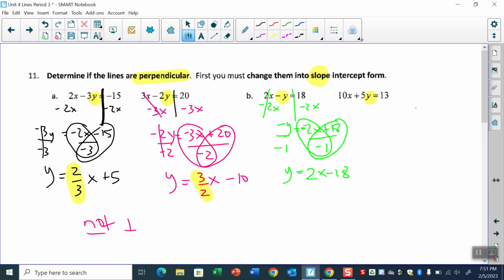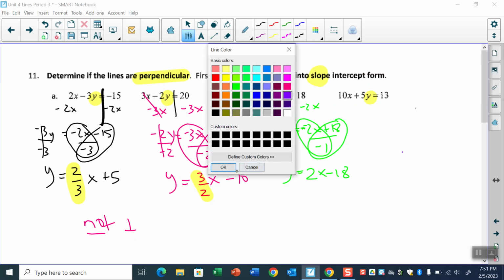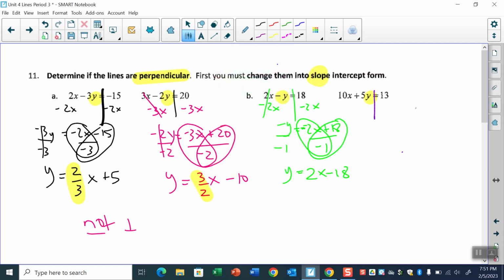All right, so now let's look at this over here. Let's see what we've got. Minus 10x. So those go away, and I'm going to bring down my 5y. I've got negative 10x. Divide by 5. So that crosses out.